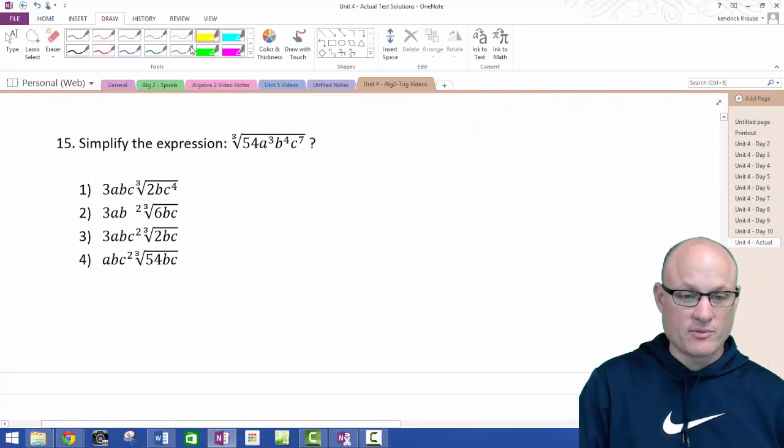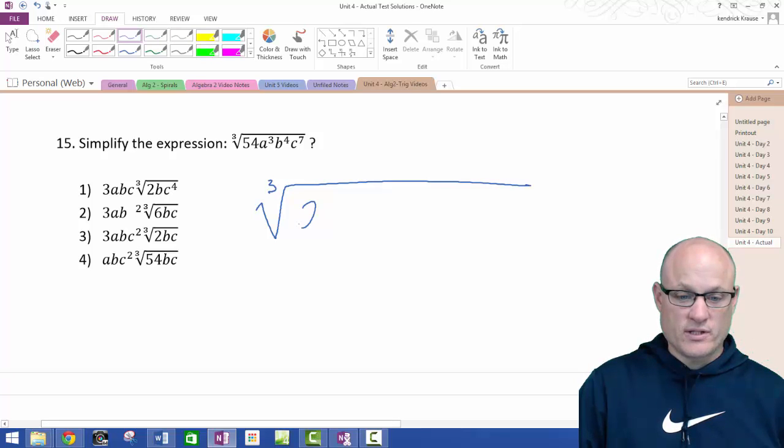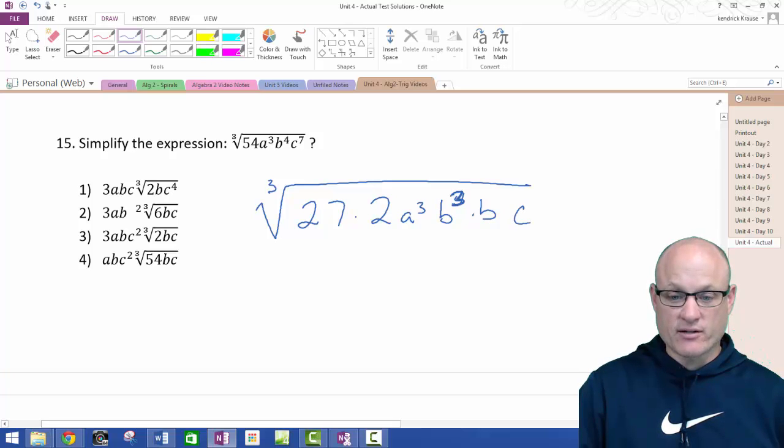And finally, we're going to simplify this perfect cube. Let's go. 27 times 2. A cubed is a perfect cube. B to the 4th I can rewrite as B cubed times B. C to the 7th I can write as C to the 6th times C. That makes 7. All right.